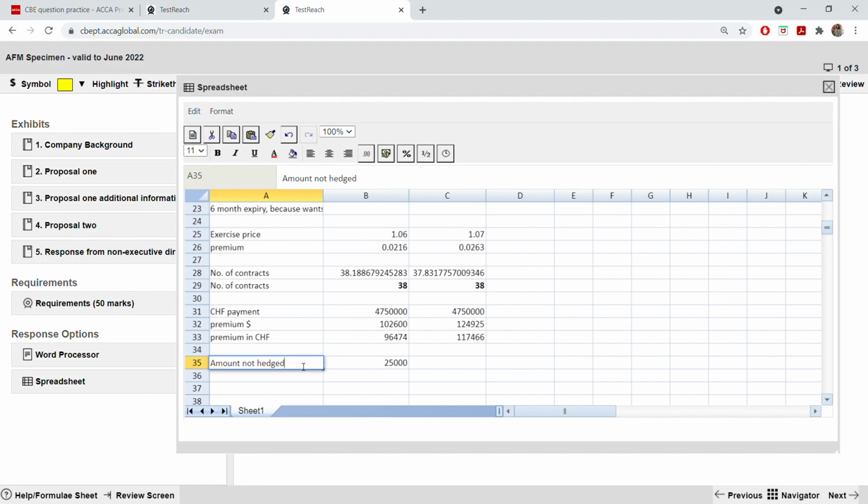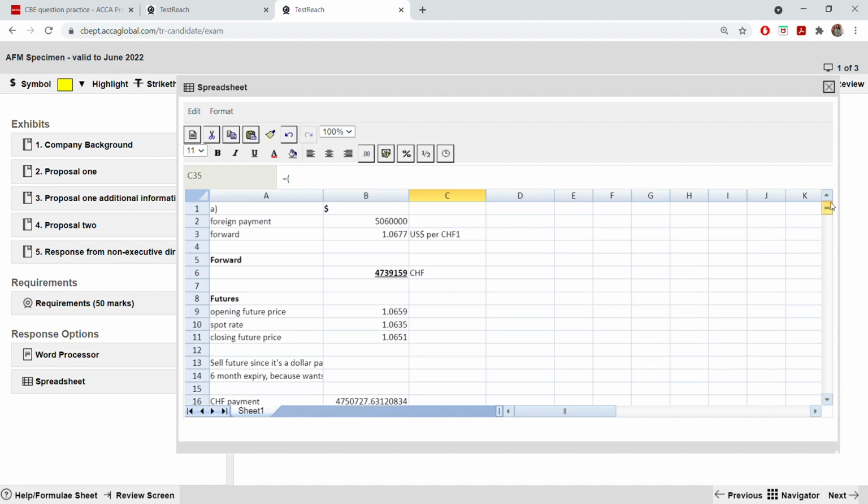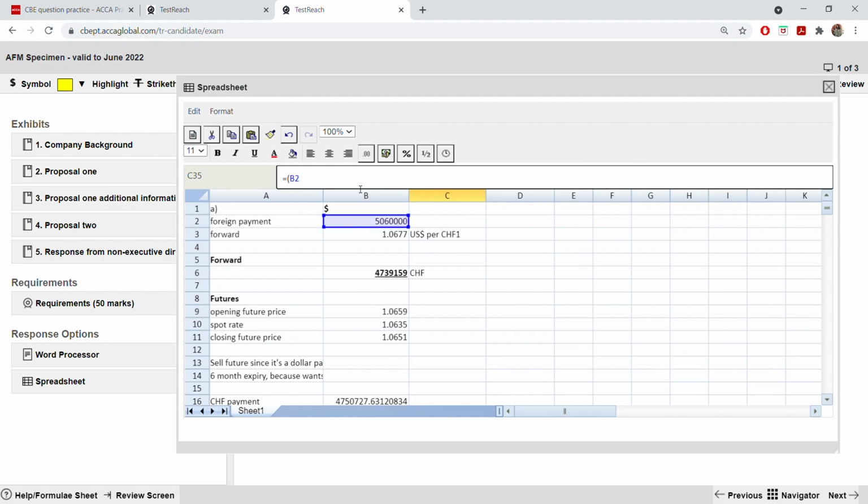You can add the sign also. Same way, this also. From this total 5,060,000 minus how much you didn't hedge.